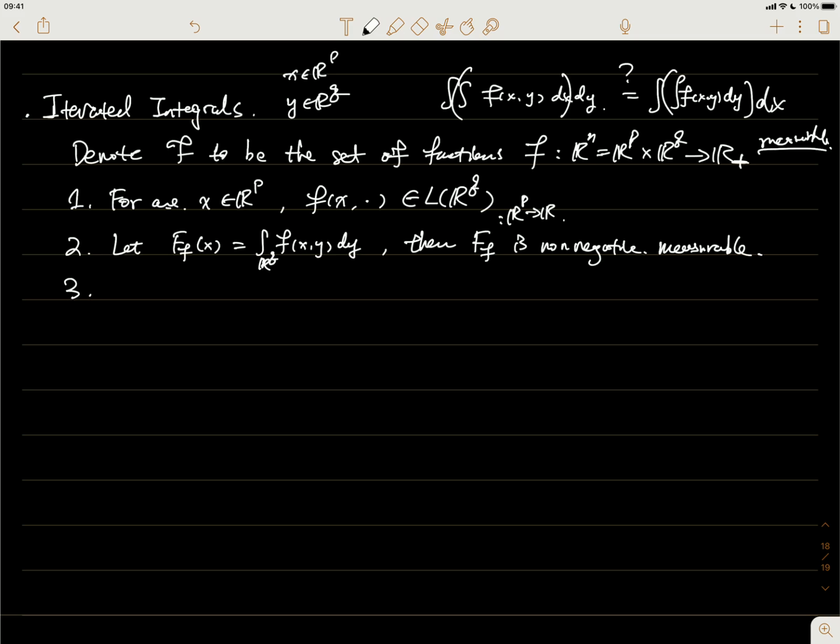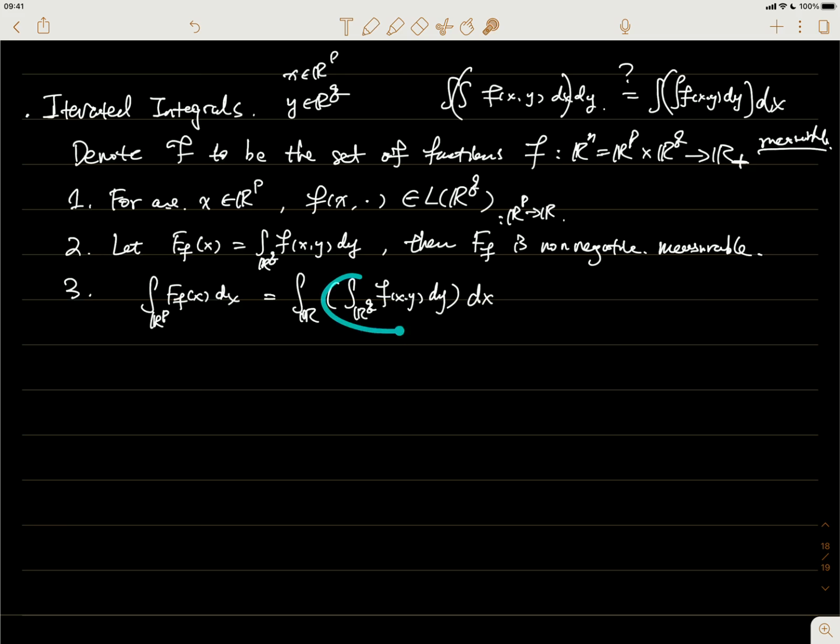The third one is that the integral of capital F of x dx over Rp, and according to our definition, capital F can be written as the integral of f over y first, dx.